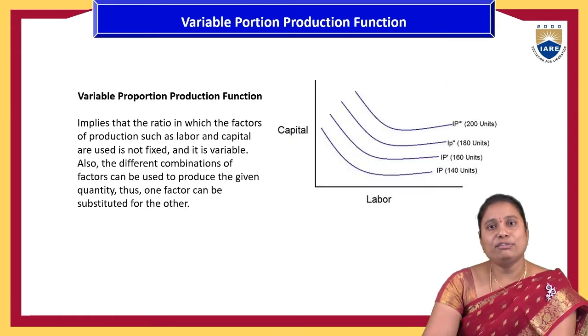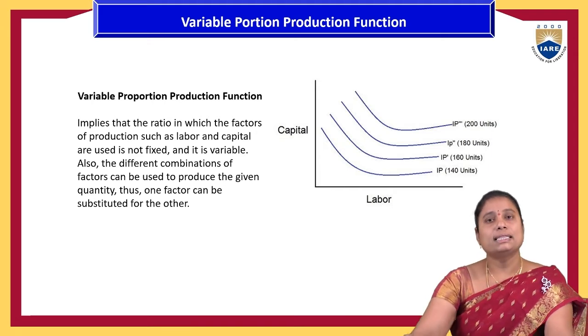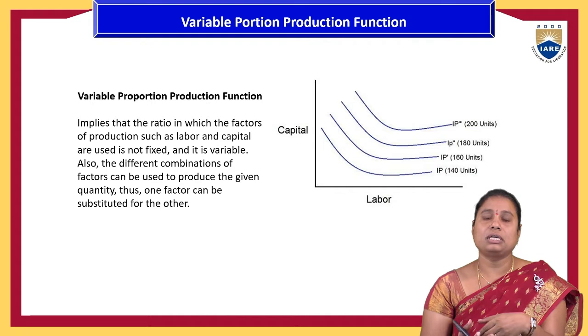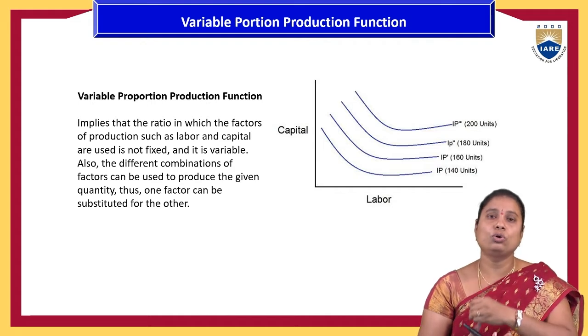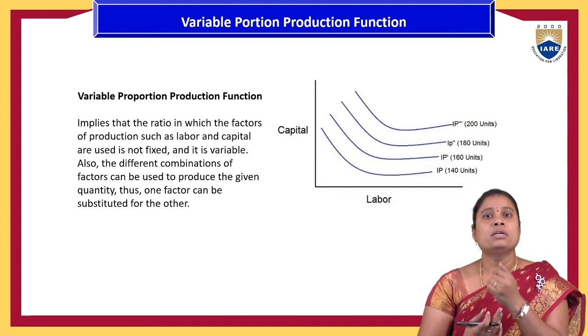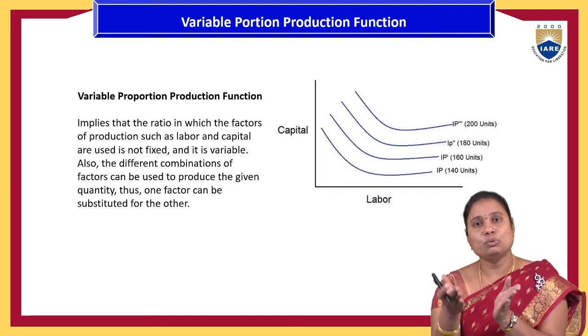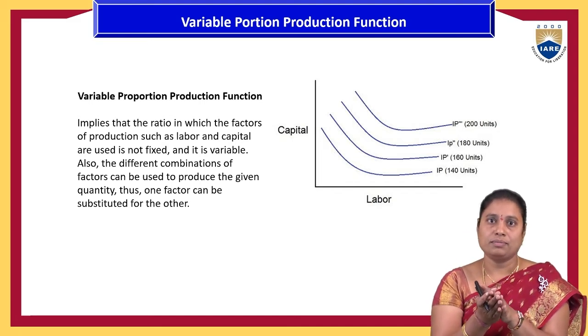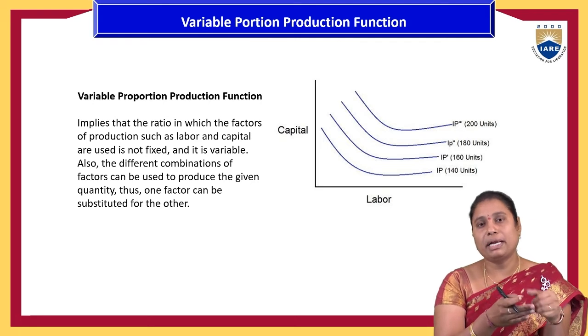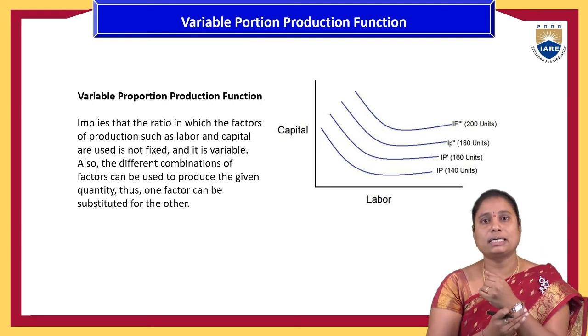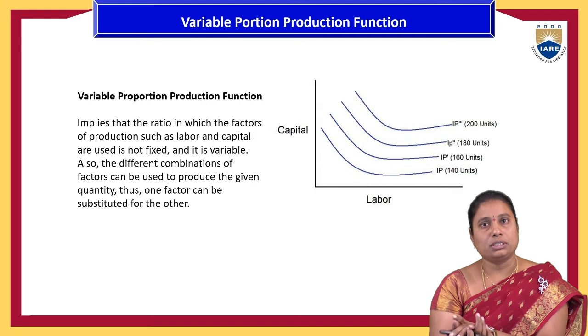The next kind of production function is the variable proportion production function, which means the combination of inputs changes with close substitutes. So let us say the labor might be replaced with machineries. One kind of technology might be replaced with another kind of technology.